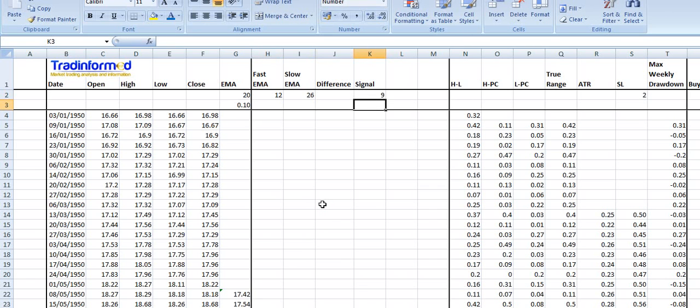To calculate an exponential moving average, we firstly need to calculate the factor, which is, the formula for this is 2 divided by the number of periods plus 1.